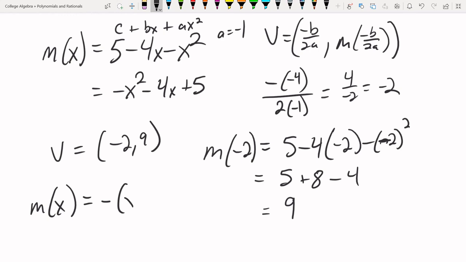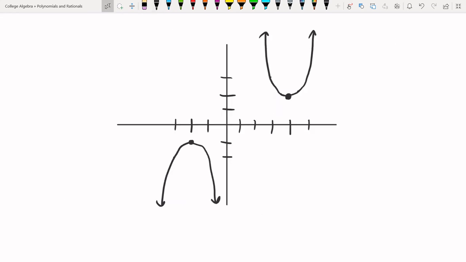So we have negative (x plus 2) squared plus 9. This means that it's open down. It's going to look like this. And this point right here is going to be negative 2, 9 on the Cartesian coordinate system.